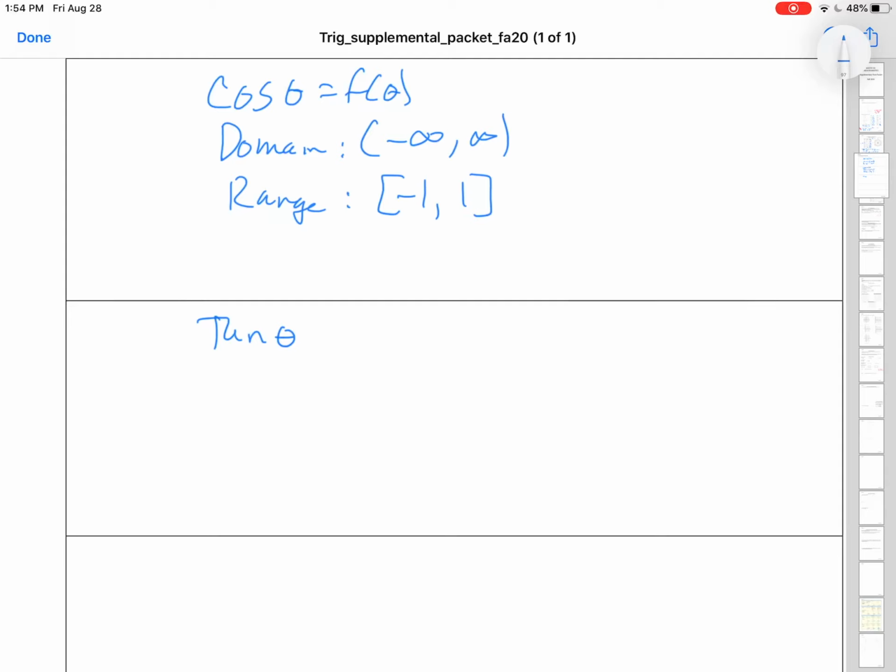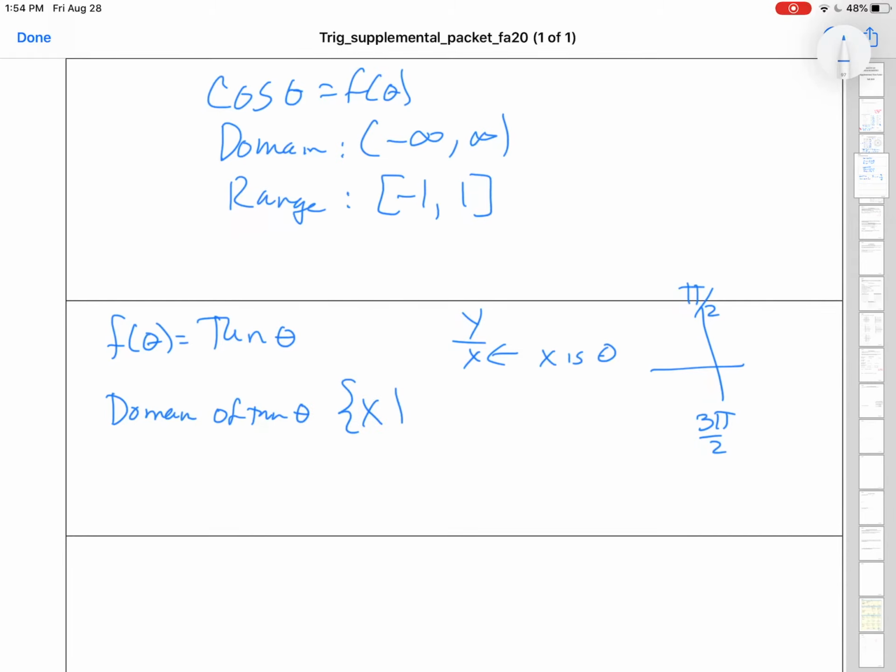Remember what tangent was. Tangent theta is y over x. Well, it's going to have a problem whenever x is 0. So where is x 0? Here at pi over 2, and also at 3 pi over 2. So the domain of tangent is the set of all x's such that x does not equal (2n+1) pi over 2.